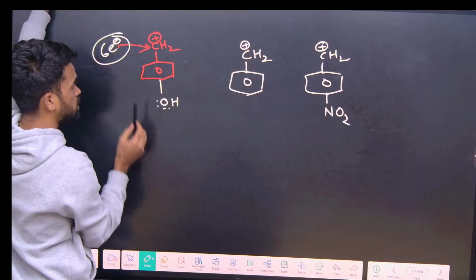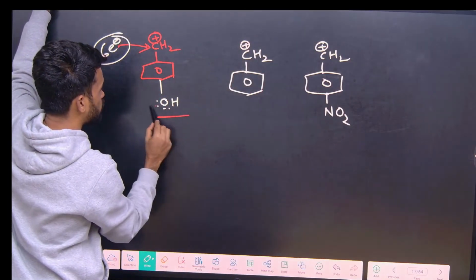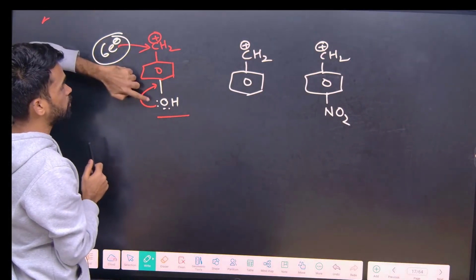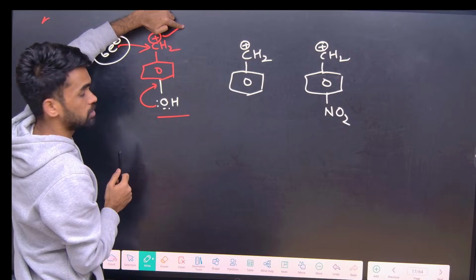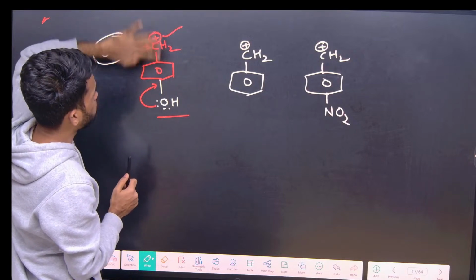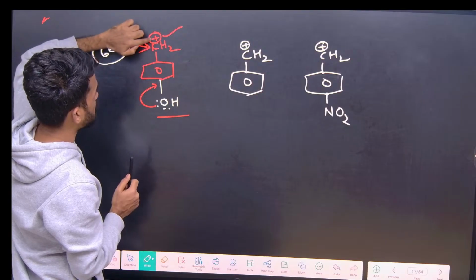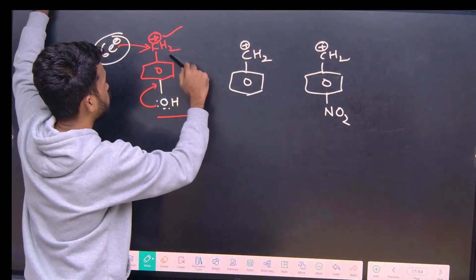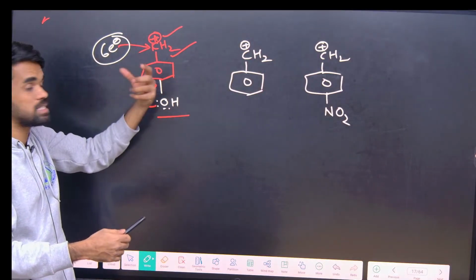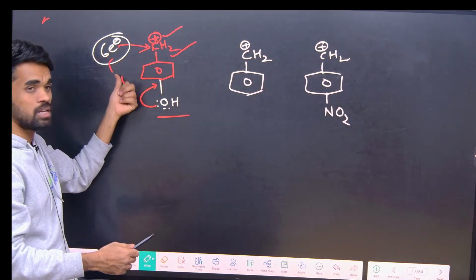Now if there is any group that will donate electrons into the ring, it stabilizes this carbocation. If these electrons are given into the ring, they move towards it and will be shared with this electron deficient carbon, and it will now be stabilized, because electron density on this carbocation will be increased, from 6 to 7 or 8.